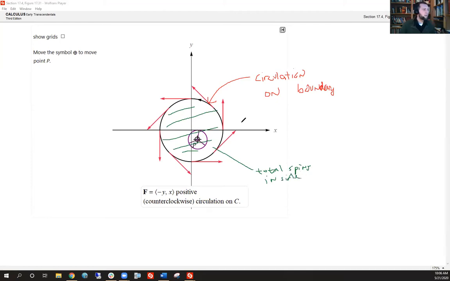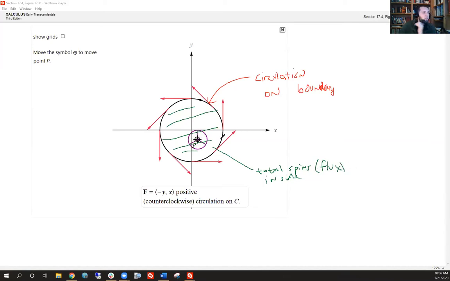Does the rough connection between the red arrows and the idea of counting the spins inside the region make some sense to people? Are there questions about that? What does the spinning mean? Good question. So the spinning is talking about something called the flux, a way of visualizing the flux.